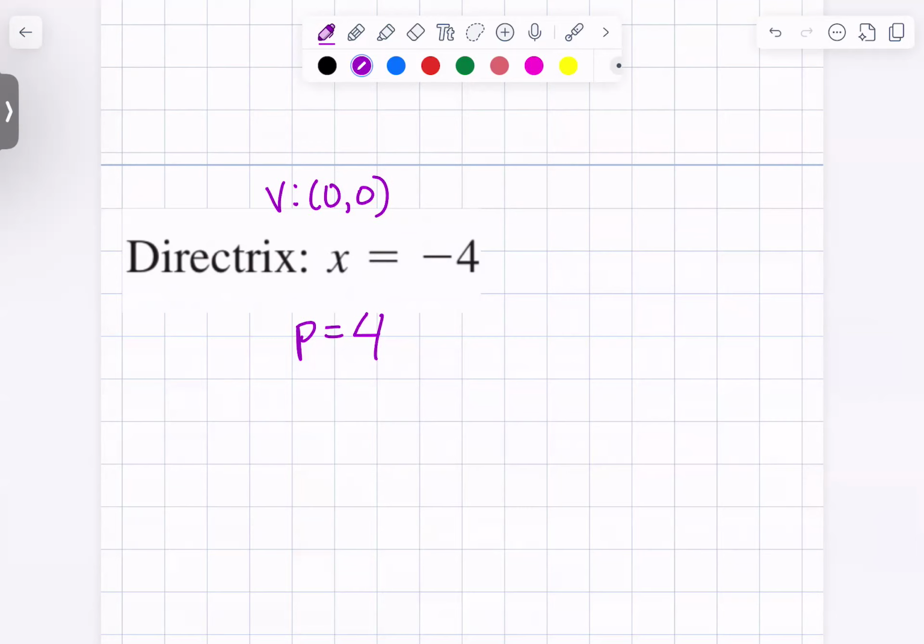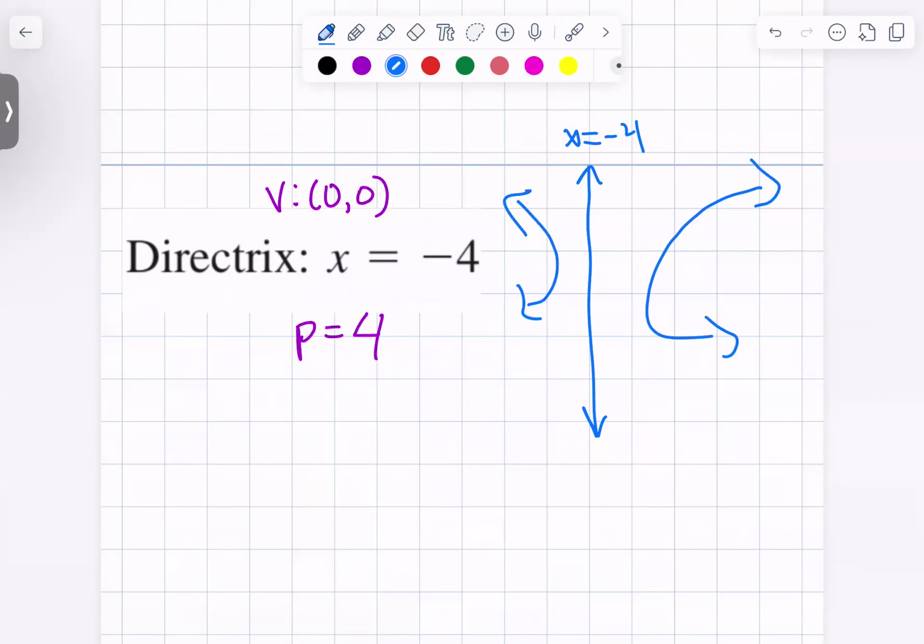So is it a horizontal parabola or a vertical parabola? Horizontal. So look, if my directrix is a vertical line, x equals -4, right? Then I know it's going to either look like this or it's going to look like this, right? Just makeshift. So it's going to be a horizontal one.